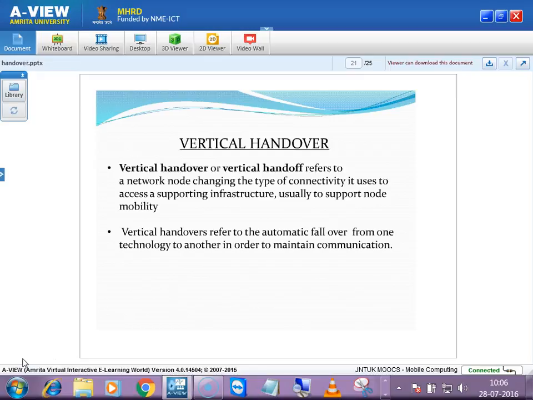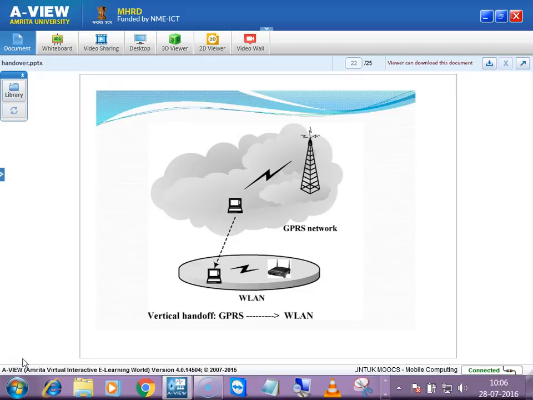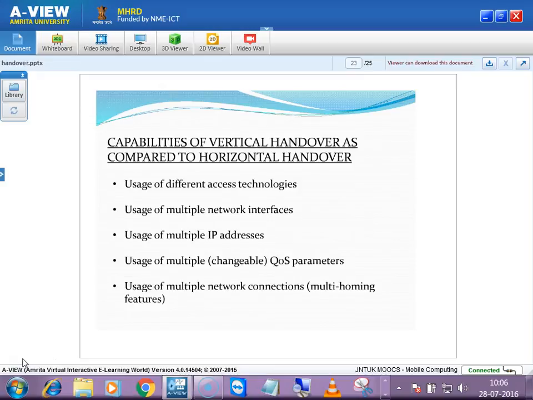For continuing these, you will be handed over from one network to another because the network which you subscribe to isn't available there. So this is vertical handoff from GPRS to WLAN, and one example.